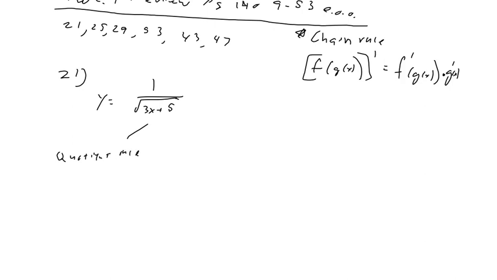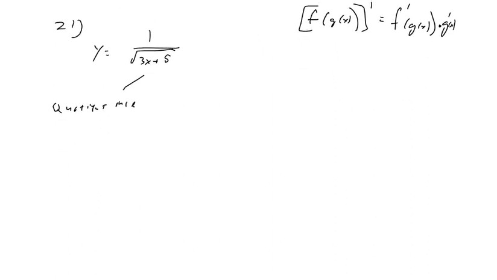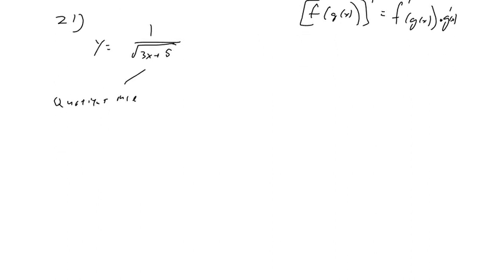Totally fine and normal. And we'll do that. Another way that may be less obvious, because the top part is not a function, it's just a 1. I could look at the problem like this: remember, this square root is the same thing as 1 over 3x plus 5 to the 1/2 power. Square roots are also fraction exponents.